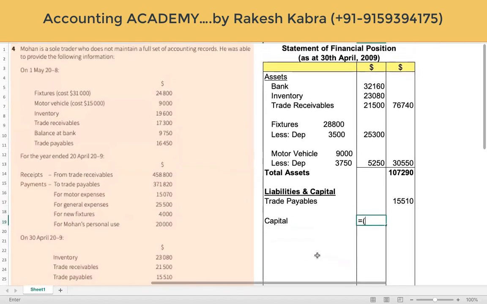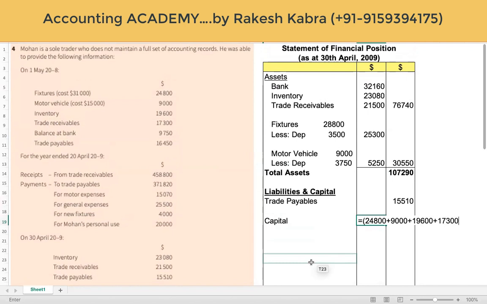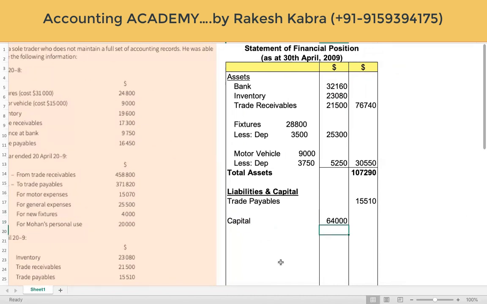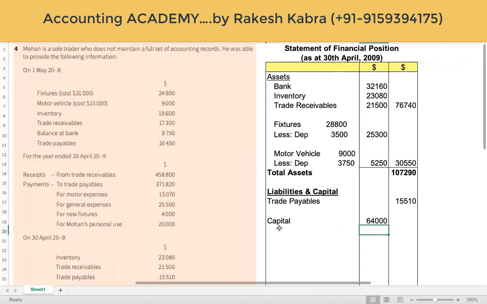Assets minus liabilities equals capital. So fixtures at the beginning date 24,800, plus motor vehicle 9,000, plus inventory 19,600, plus trade receivables 17,300, plus bank balance 9,750, minus trade payables 16,450. So we got our opening capital as 64,000.